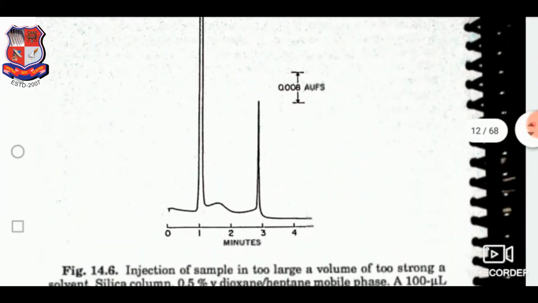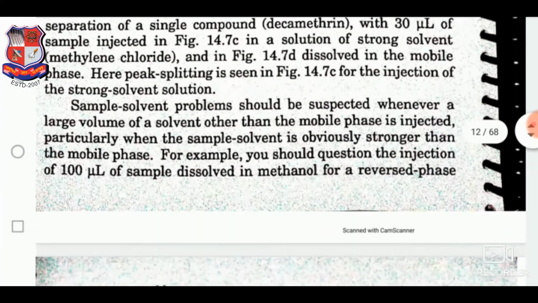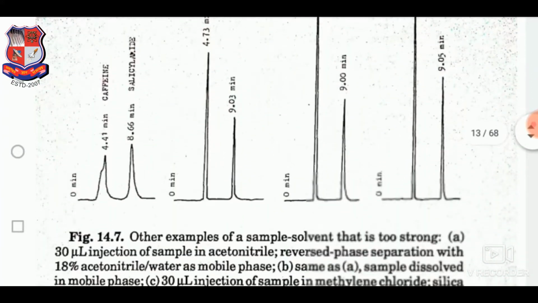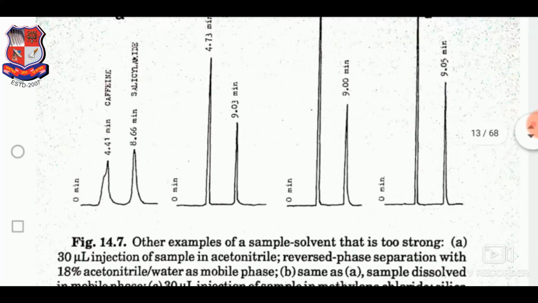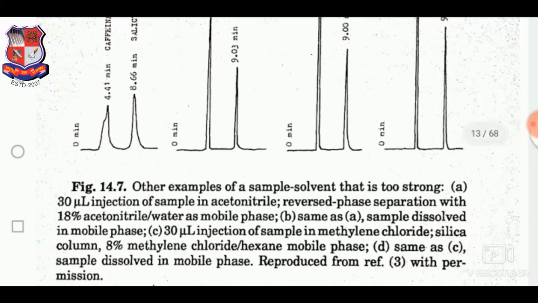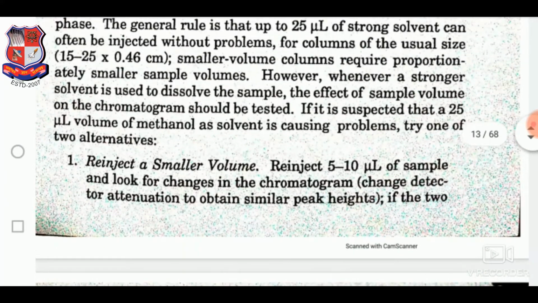For that, this is a chromatogram where the injection of sample is too large in volume or too strong. These are other chromatograms, where the sample solvent is too strong. These are the representations of what is causing the problems, so try one of the alternatives.